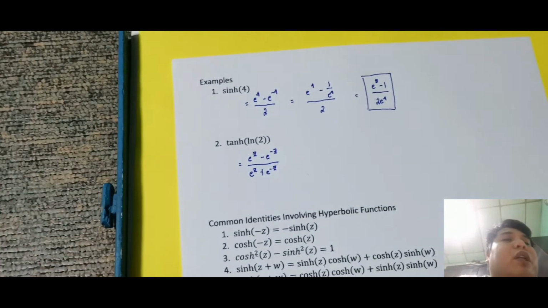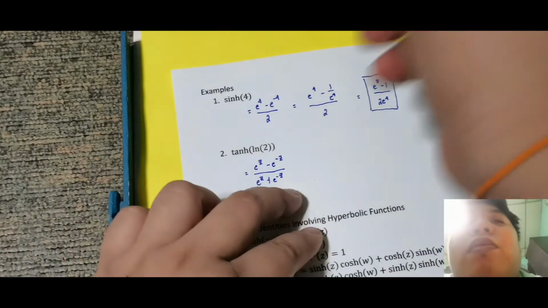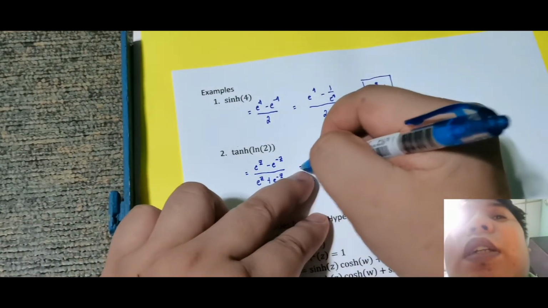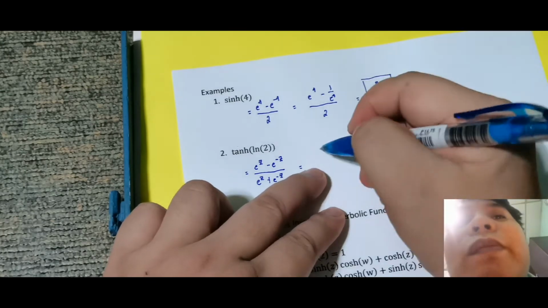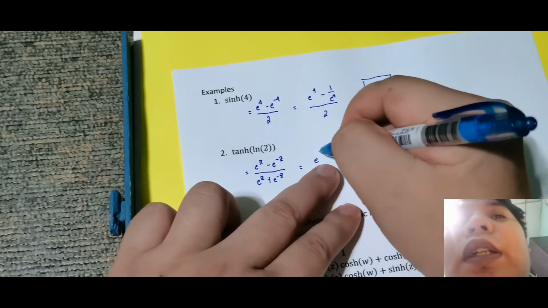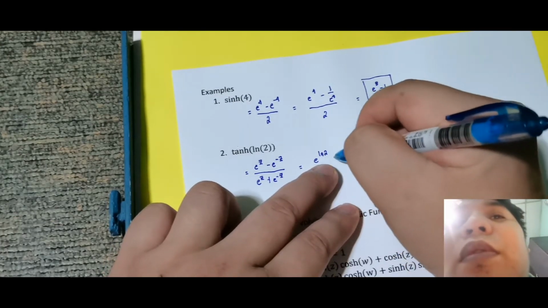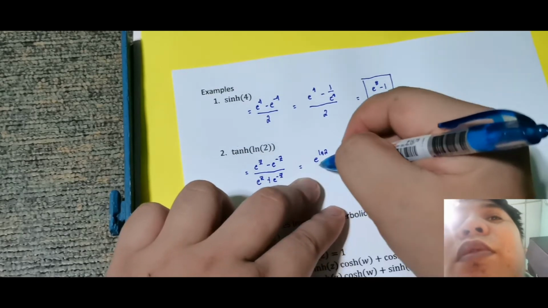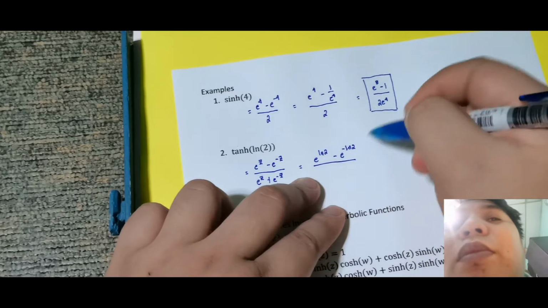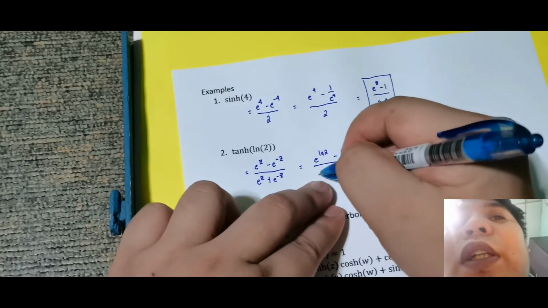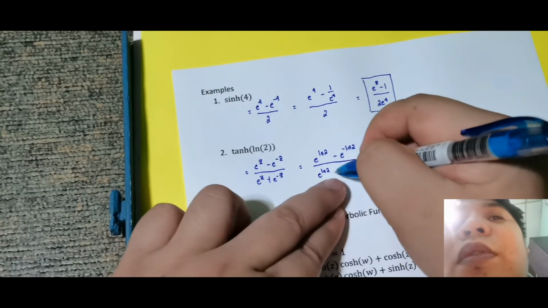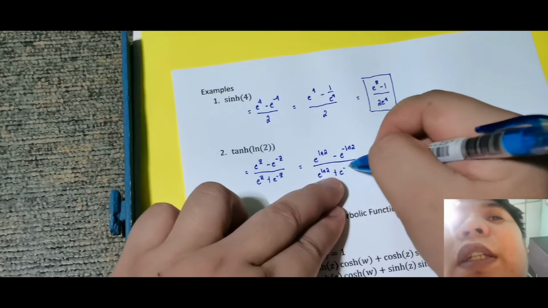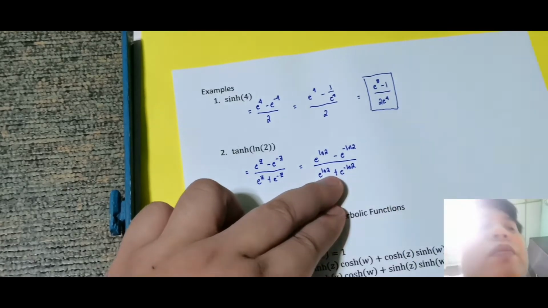Okay, then input lang natin yung value na z, which is ln of 2. So this is simply equal sa e raised to ln of 2 minus e raised to negative ln of 2 all over e raised to ln of 2 plus e raised to negative ln of 2.